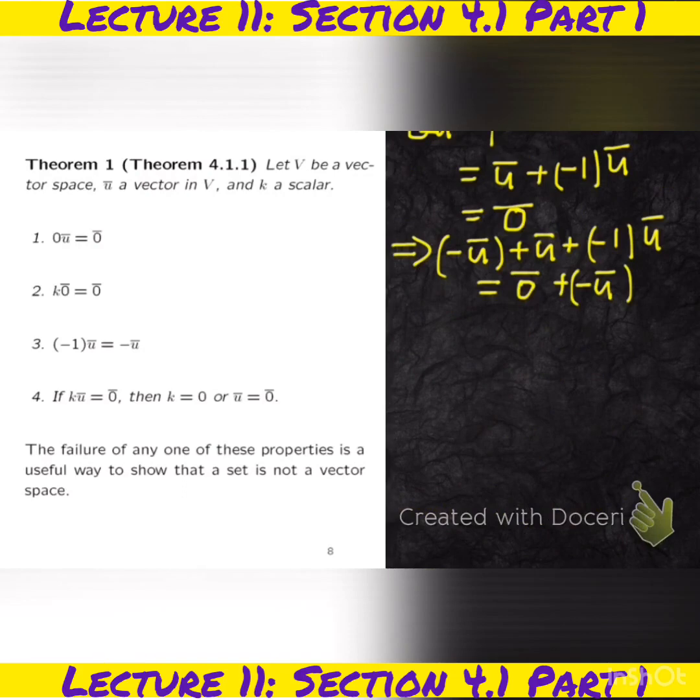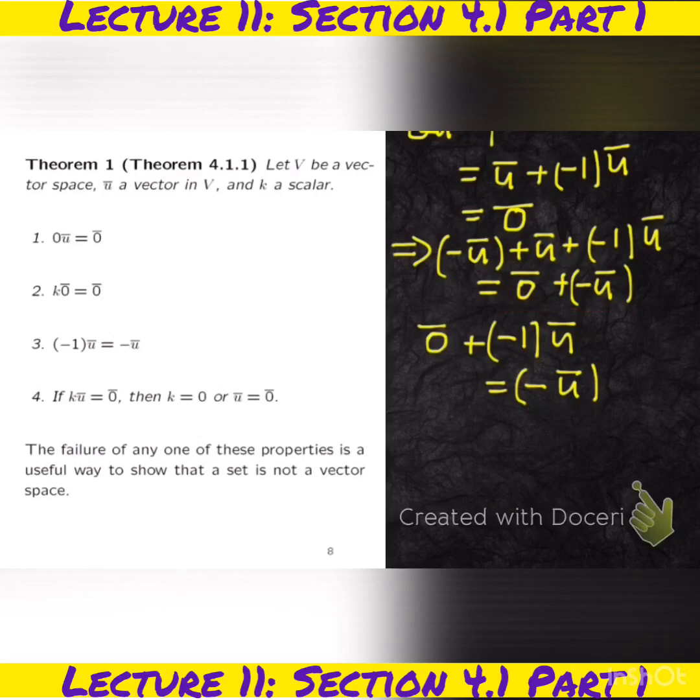And what is a vector added to its negative? It is the 0 vector. And you're adding -1 of that vector, and that is going to be -u, because again the 0 vector added to any vector is just the vector.